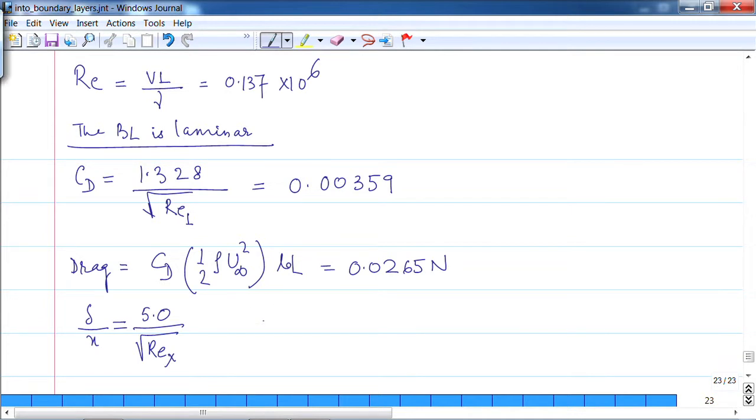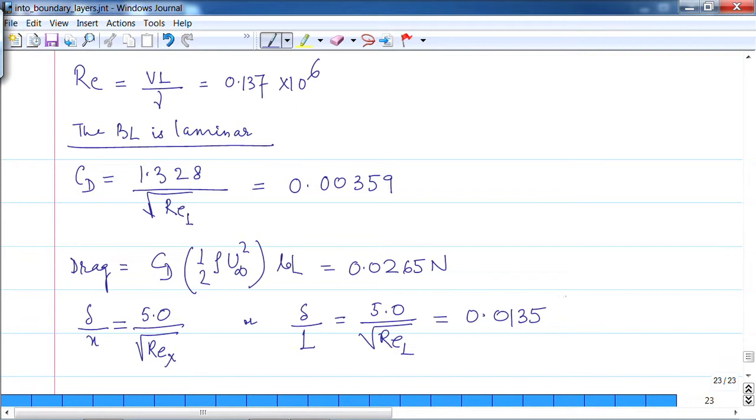So I can write delta by L is equal to that by Re_L, which we have already calculated, and this comes out to be 0.0135.